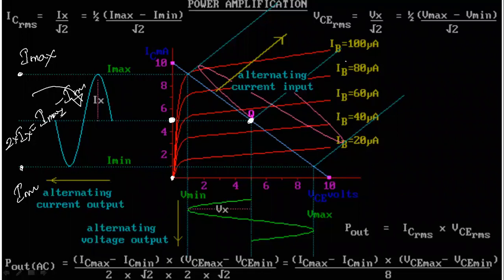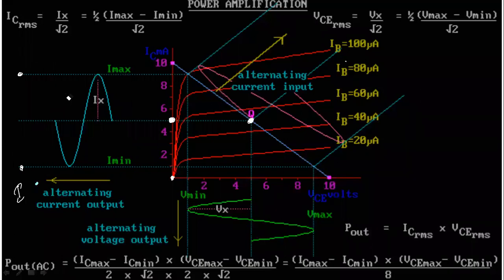By referring to that relationship, you can compute a value for Ix. Then substitute that into this equation, and your IRMS becomes something like this.